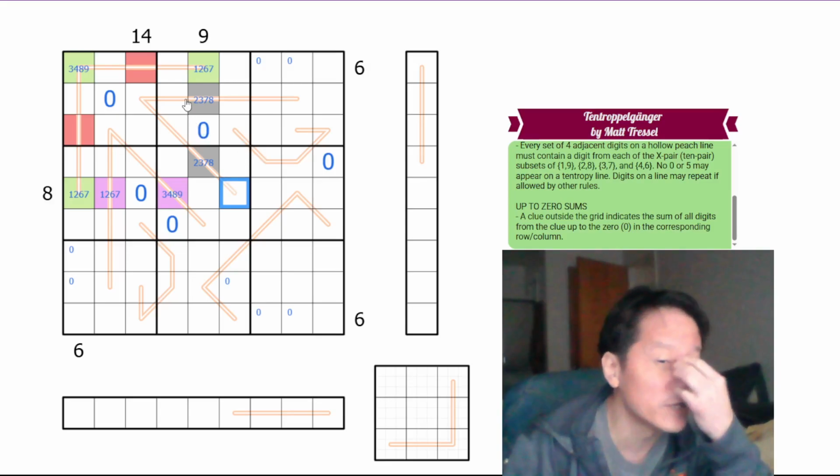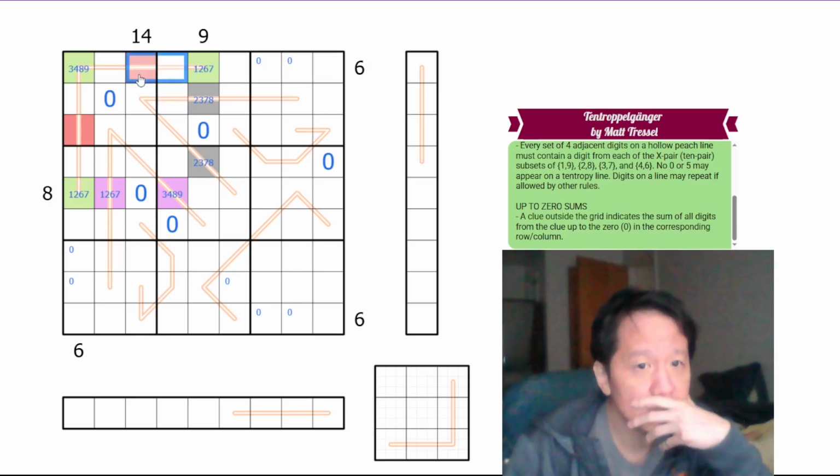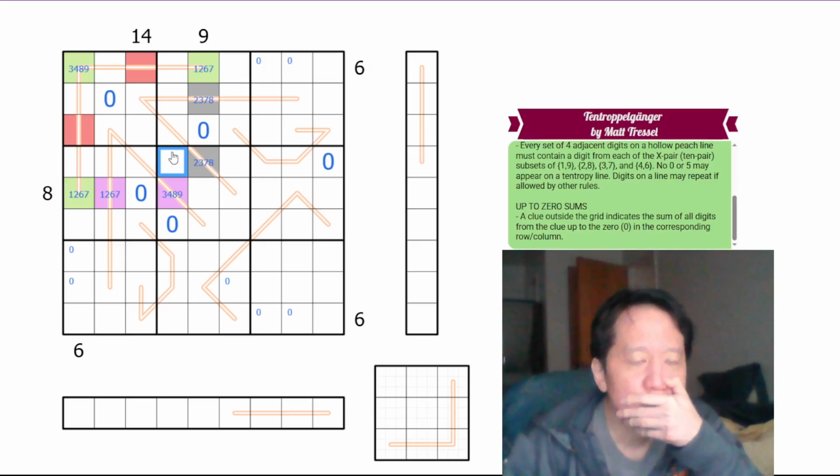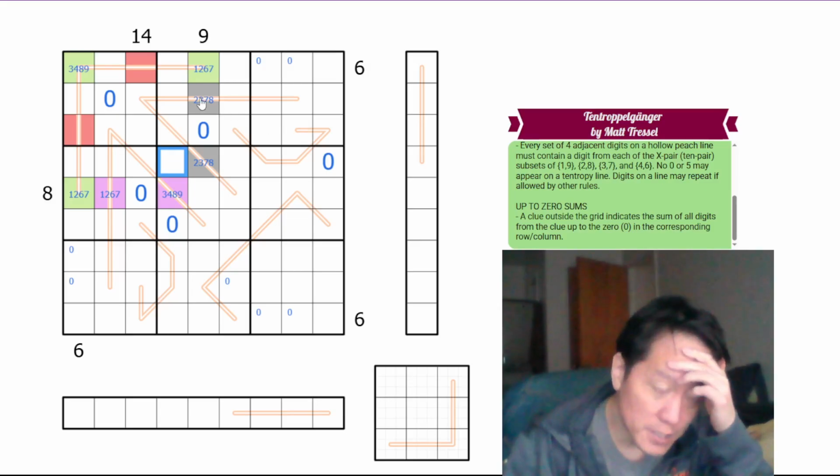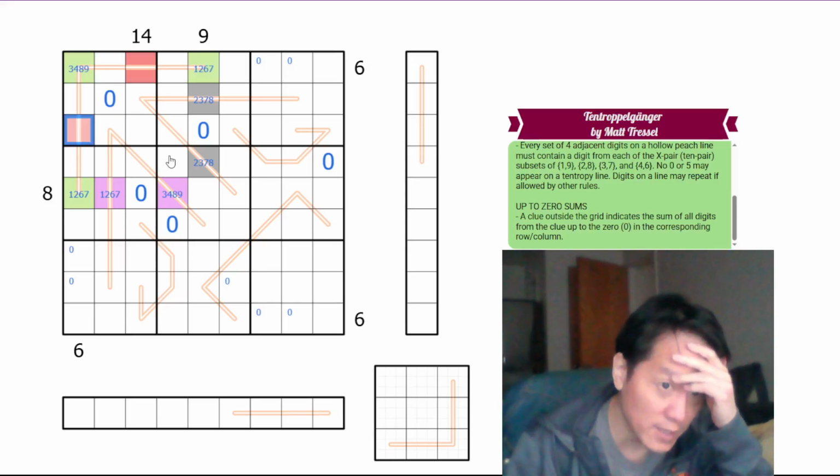Also, where's gray? We are not guaranteed that a green is going to appear twice in box 1. We are guaranteed there has to be a pink, at least one.